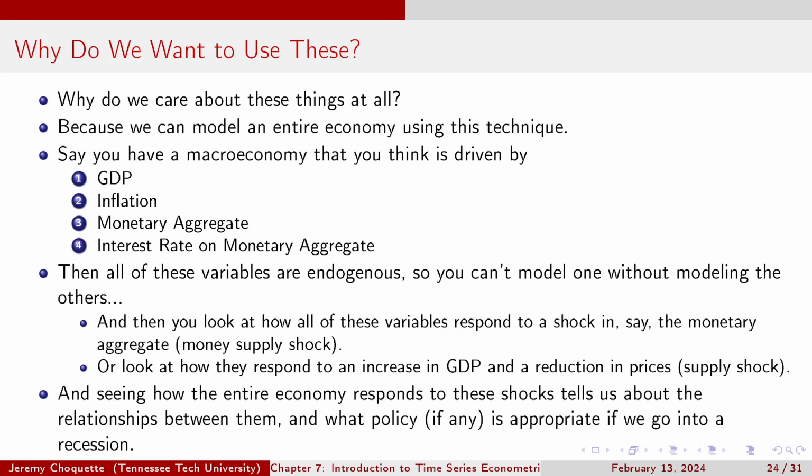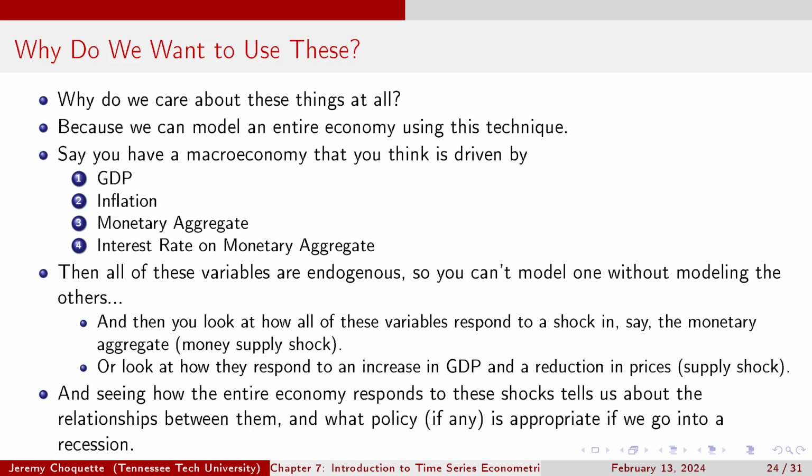And now you've got 1, 2, 3, 4 equations. You can have 1, 2, 3, 4 shocks. Now, there'd be one shock in particular. If I'm looking at these 4 variables, there's one shock in particular that I would be very interested in, and that would be a money supply shock. And I can look at how output and prices would be responding to a shock in monetary policy.